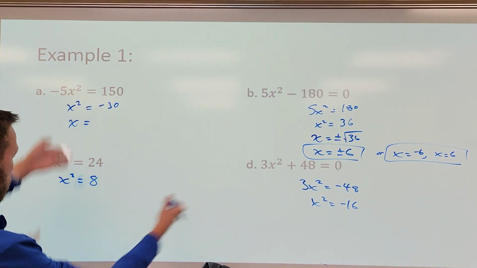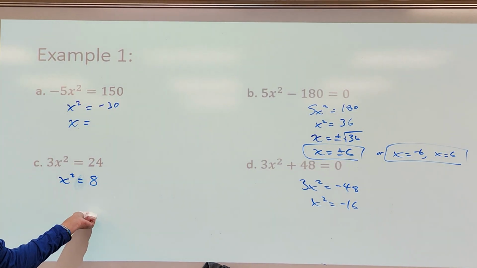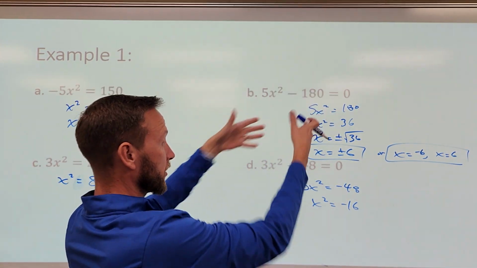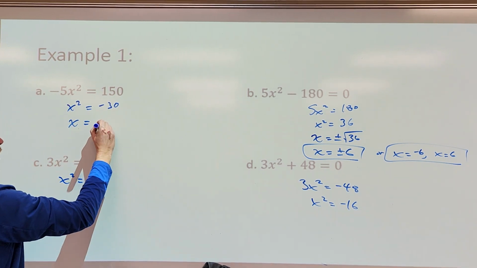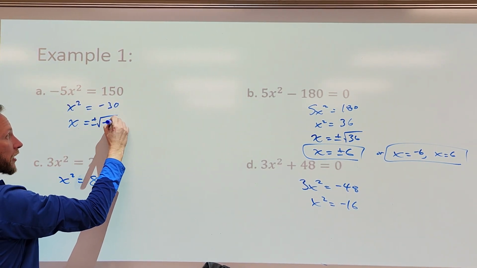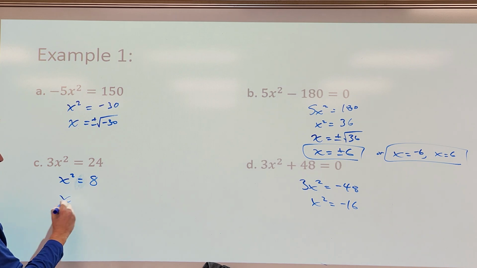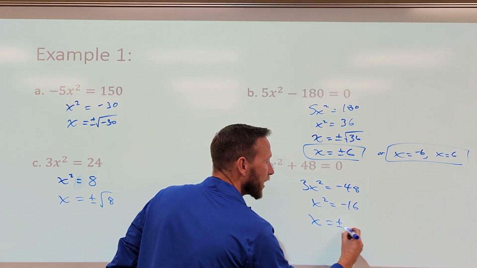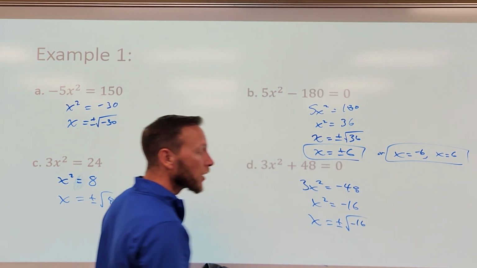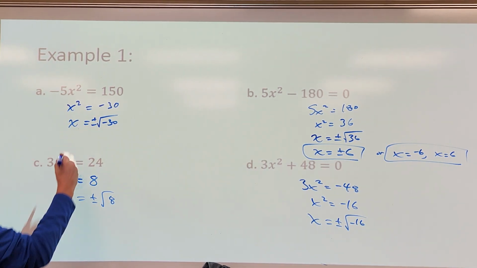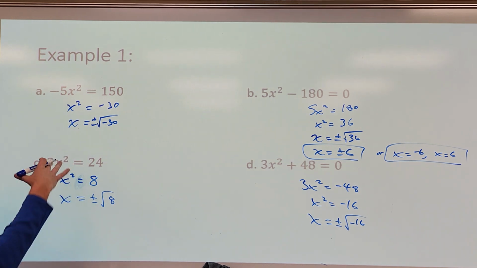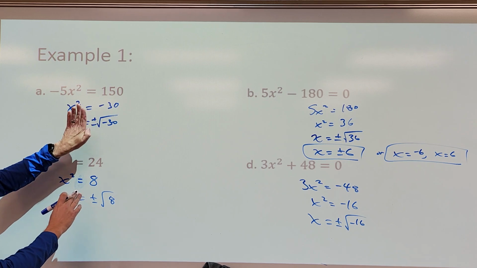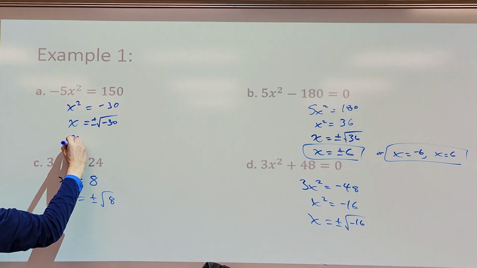Now that gets a little bit dicey when we're dealing with imaginary numbers or irrational numbers, because it might be harder for our brains to understand how this is going to be the same process as that. When I'm taking the positive and negative square root of 30, the positive and negative square root of 8, the positive and negative square root of negative 16, we want to make sure that we are doing a quality job of representing first and foremost the positive and negative possibilities there, but also simplifying the square root.